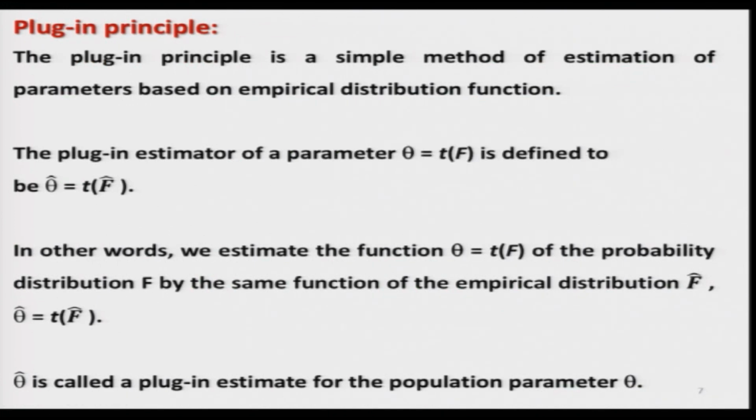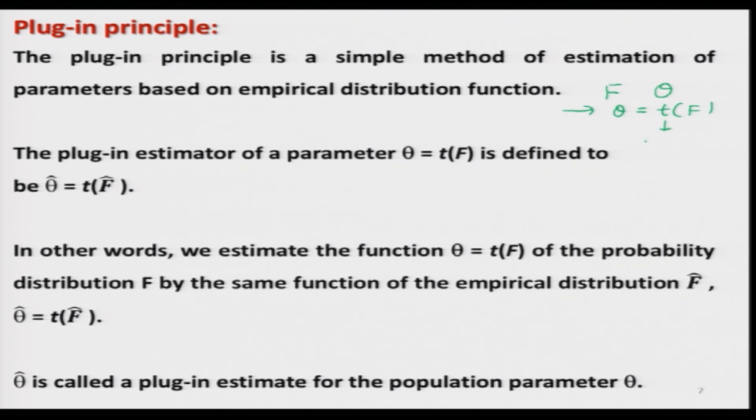So now I come to another aspect. You may recall that if we have a true distribution function F, and suppose we want to estimate a parameter theta, then this theta is actually some function of F. I am not using the symbol f here, because otherwise that will create confusion. So I am calling it theta equal to T(F).